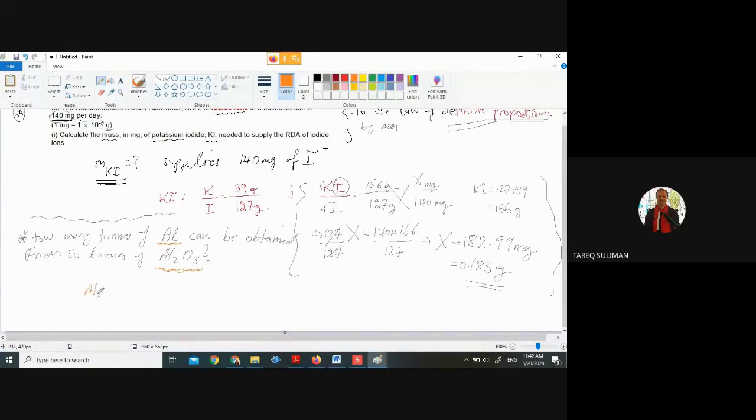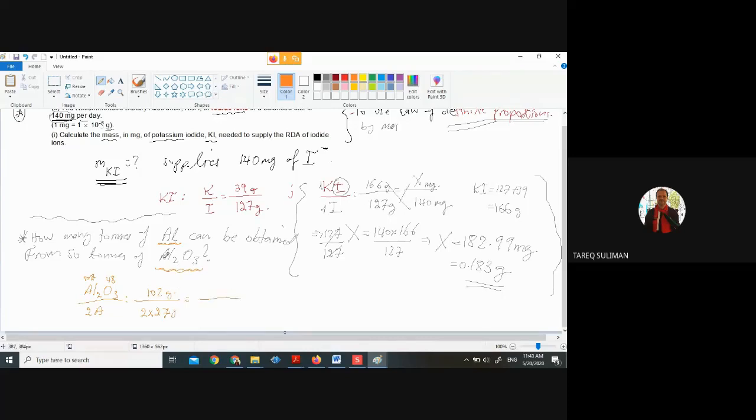Al2O3. Okay? How many Al do we have? We have what? 2 Al, which means 2 times 27 grams for Al are present in what? In 2 times 27 plus 48 equals what? 102 grams.